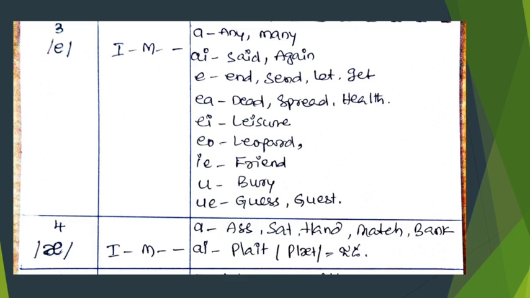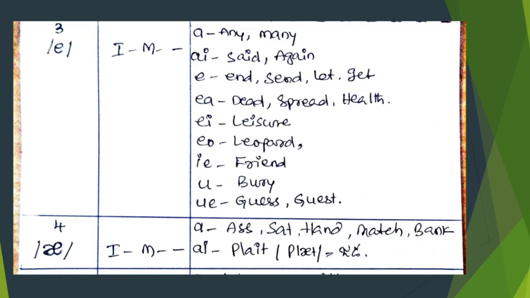Then next, this e, as you know already, happens initially and medially, not in final position. Now in some words, e is represented with different letters. For example, a: any. With ai: said. With the letter e to represent the sound e: end.